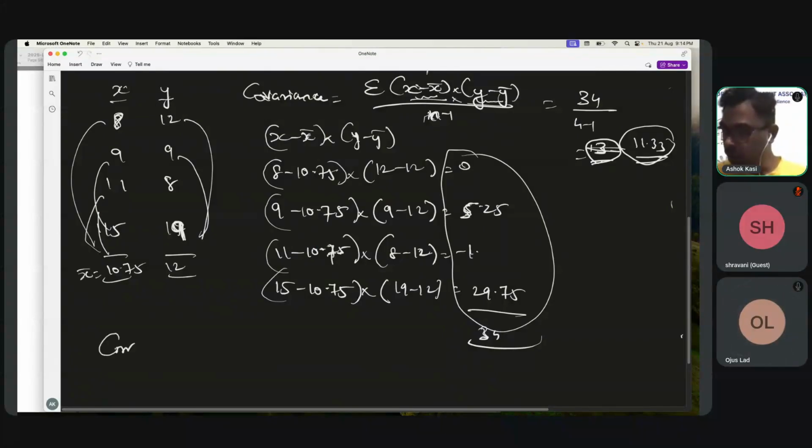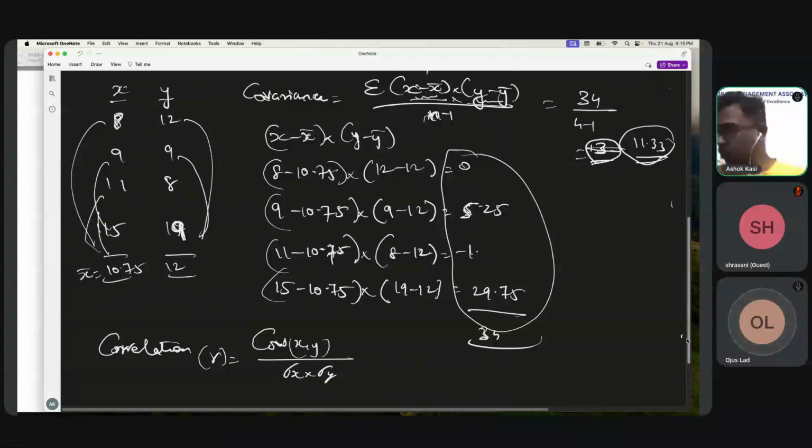Correlation, or correlation coefficient, one and the same, is denoted as R. Correlation is equal to covariance of x comma y divided by standard deviation of x into standard deviation of y.